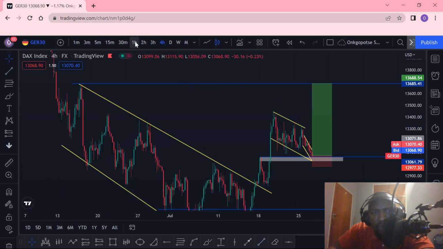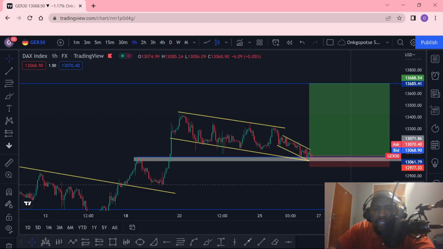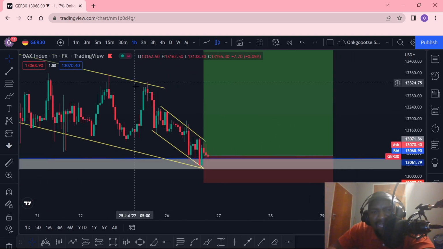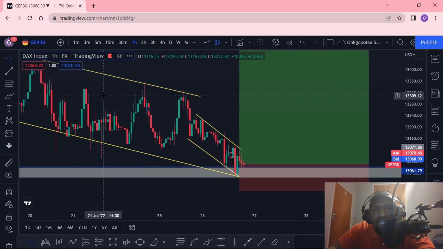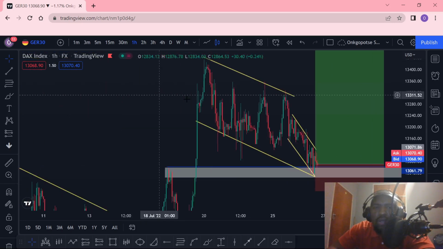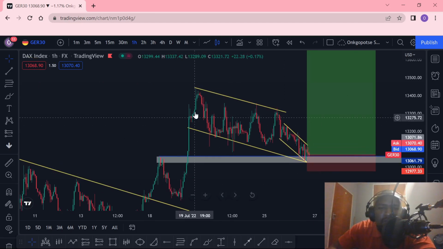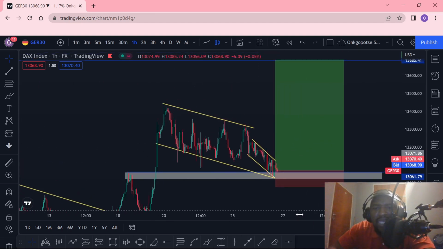So this one, when you go to the 1 hour, you will simply see that we also have a reversal pattern inside our downtrending channel, which is the corrective structure towards the upside after this beautiful impulse. So we can shape up and put our stop loss below this zone right here.